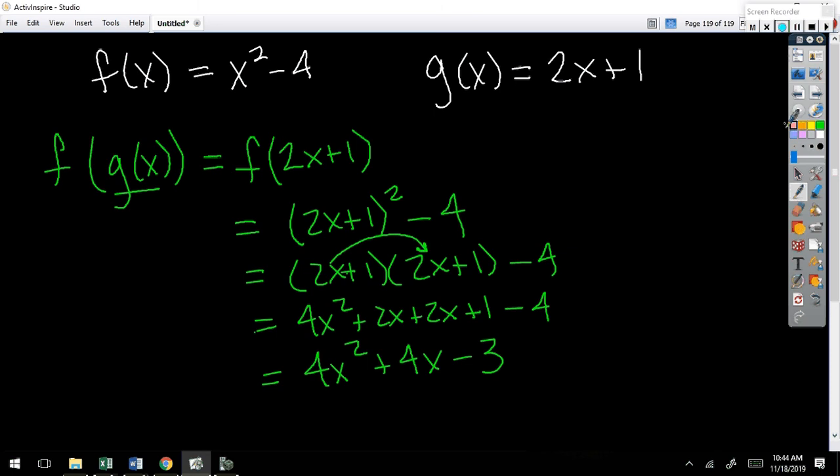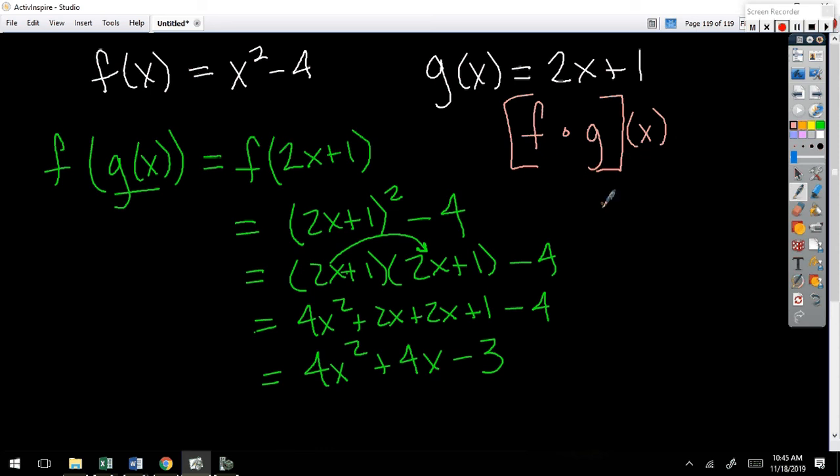As you copy that down, there's notation that a lot of people use. I like f of g of x, but just to show you, because I think your book doesn't use this notation, this is also notation. It means f of g of x. It looks like f circle g.